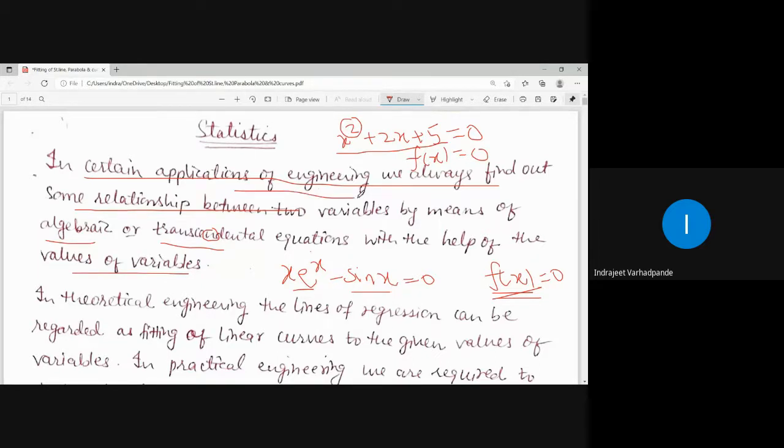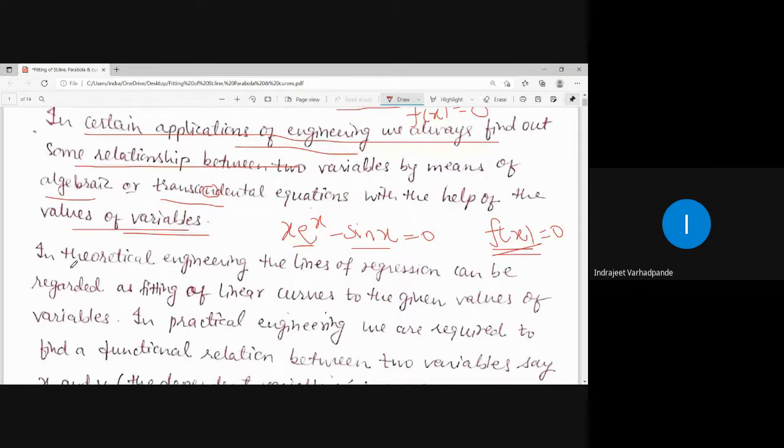So in certain applications of engineering, we always try to find out the relationship between the two variables with the help of values of variables. These values of variables will be obtained by certain methods which are proposed in the theory of statistics. So in theoretical engineering, the lines of regression can be regarded as fitting of linear curves to the given values of variables.